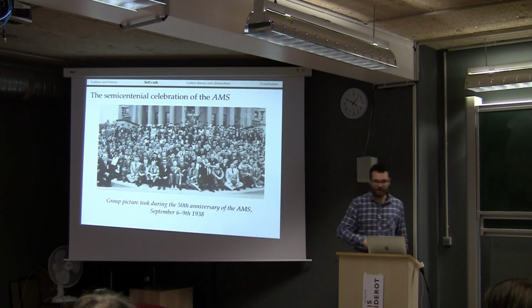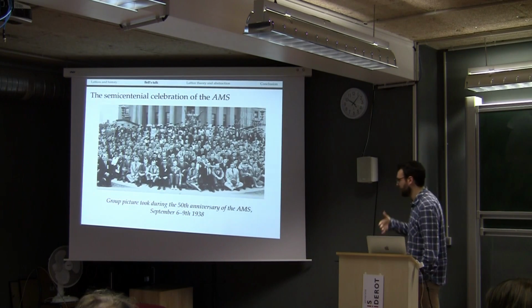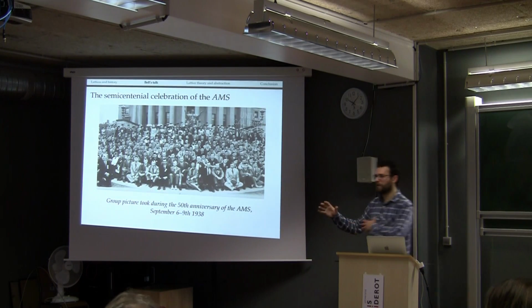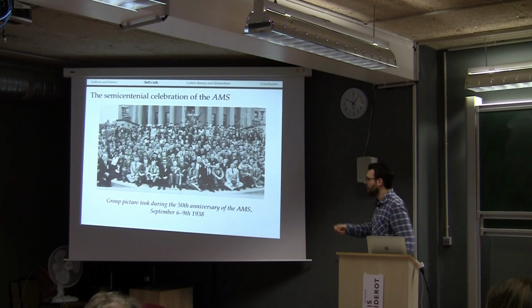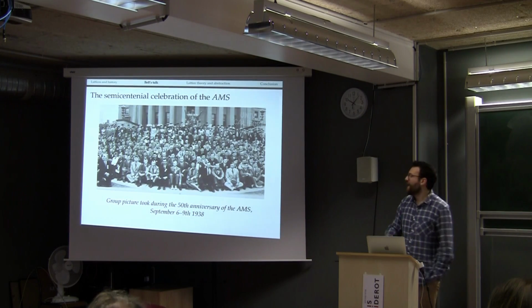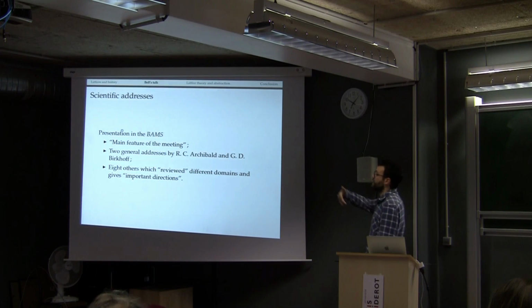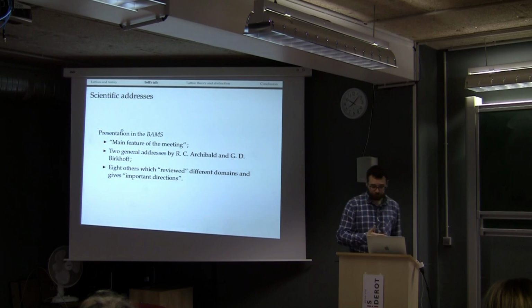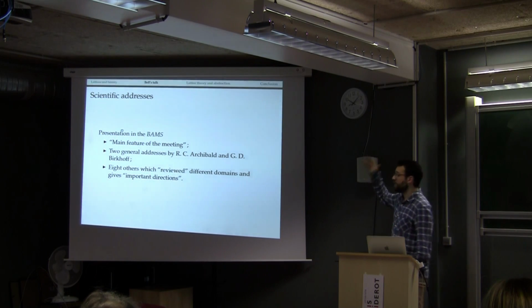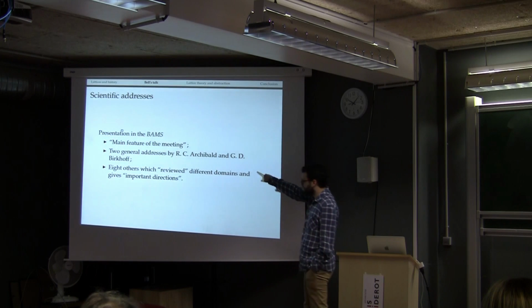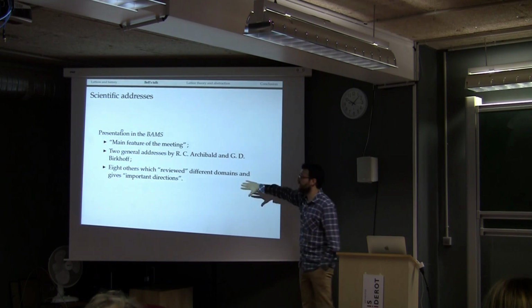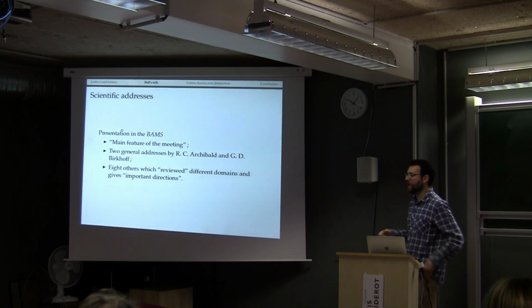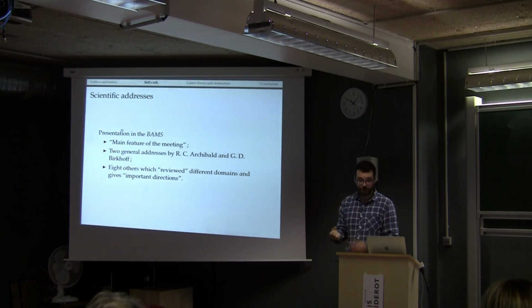So it was in 1938 that the American Mathematical Society celebrated its 50th birthday, and it was a huge moment of celebration. A lot of things were organized for this anniversary, and what is described as the main feature of the meeting is a series of talks given by several mathematicians, with 2 general addresses given on American mathematics, and then 8 addresses that reviewed different domains and gave important directions.